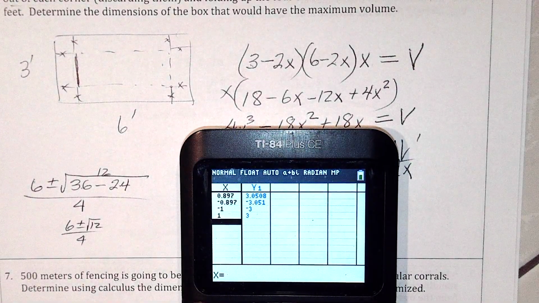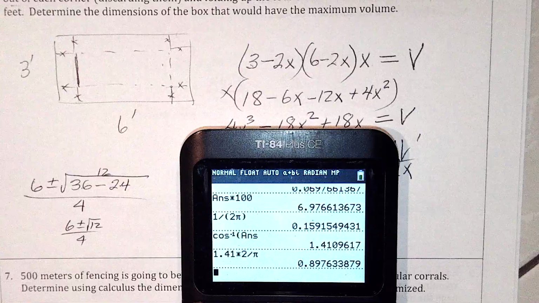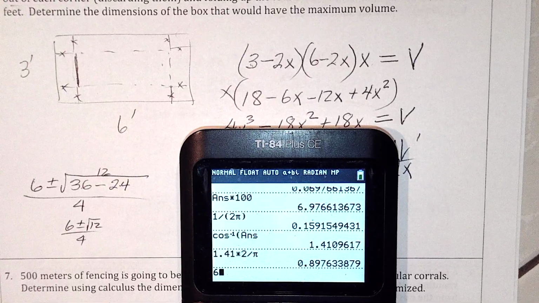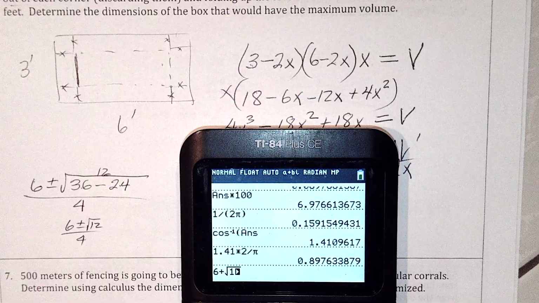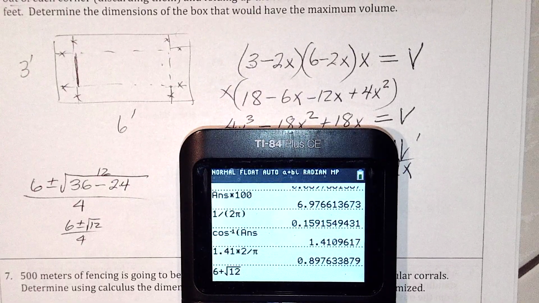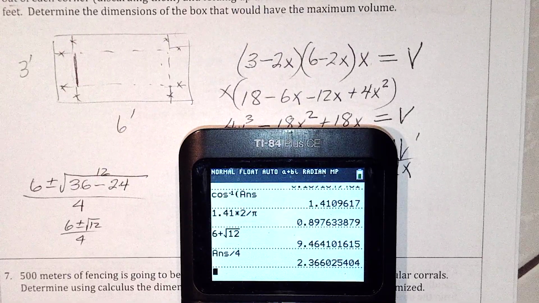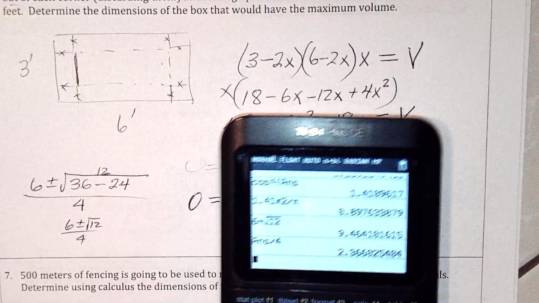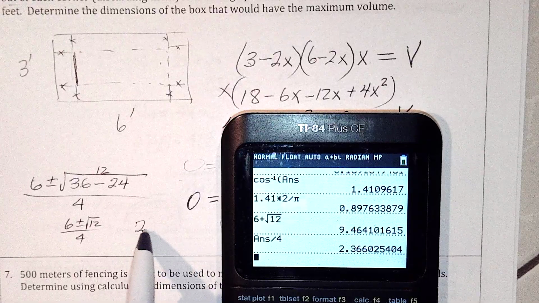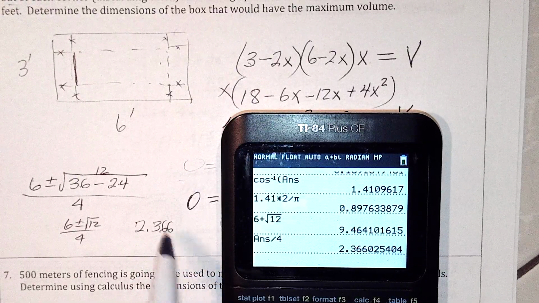If I want the decimal approximations, 6 plus the square root of 12 divided by 4, one possible answer is 2.366.